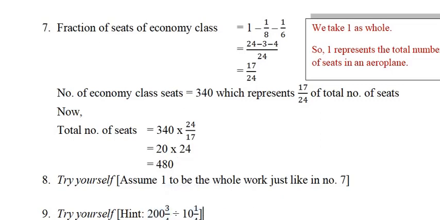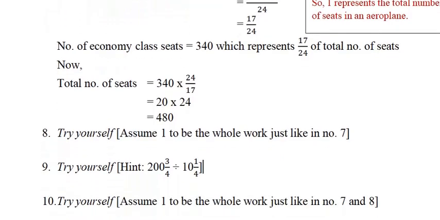You know what happens when you see a division sign in case of fractions. And in question number 10 you have to do whatever you did in questions number 7 and 8. It's very simple. In case of any doubt or any explanation, feel free to ask me.